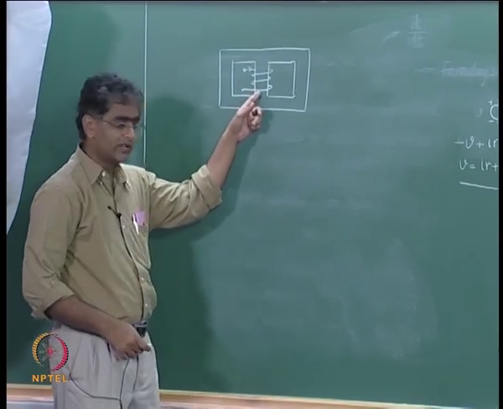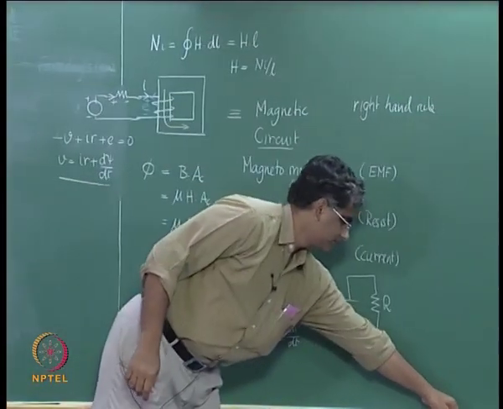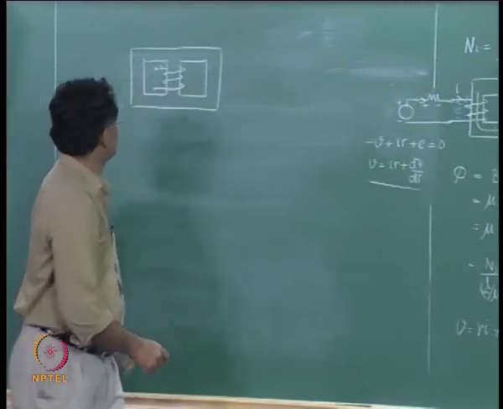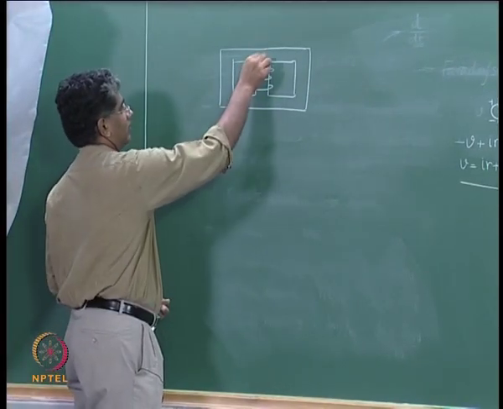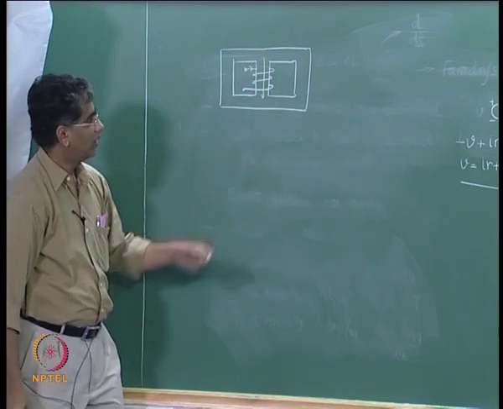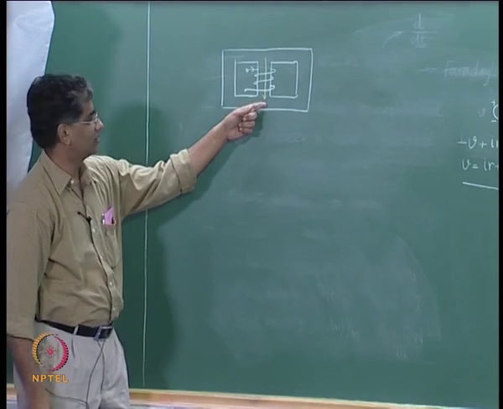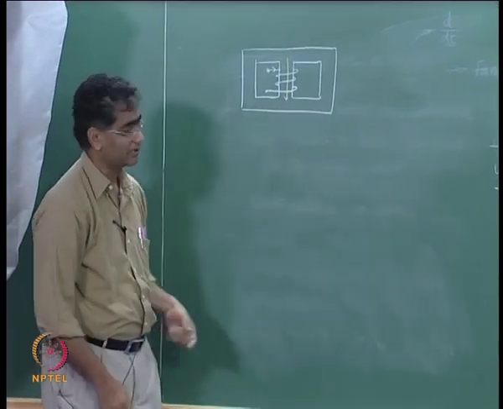Now if you excite this, imagine how the flux lines will flow. The flux lines in this case would obviously go down, and now this flux that comes here has one path this way and another path this way.